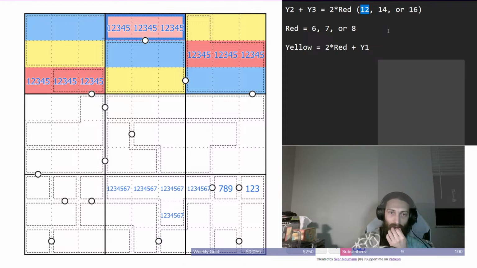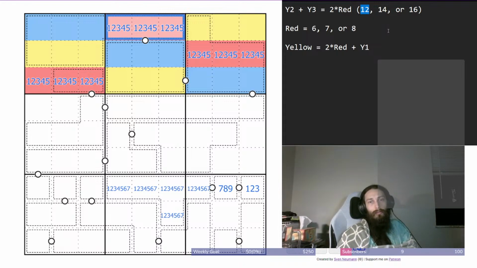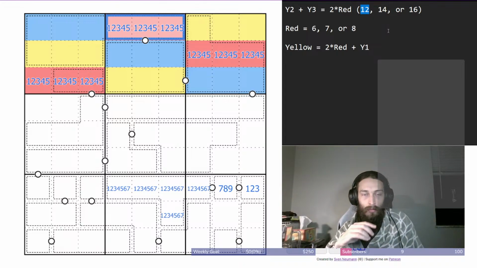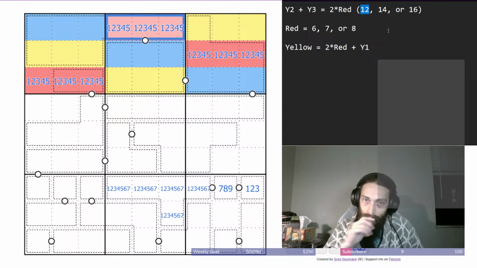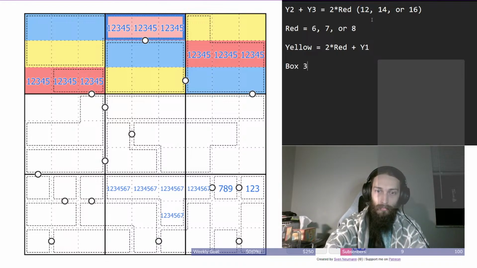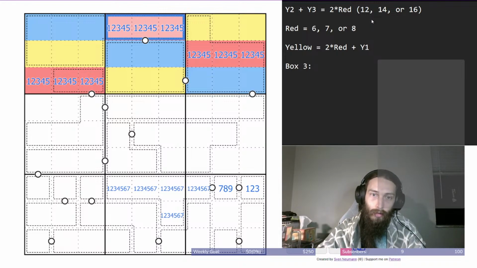I told you I'm not mathing well. Although that does mean that the cage in box 3 is 45 minus 12, 14, or 16, which is going to be 33, 31, or 29.